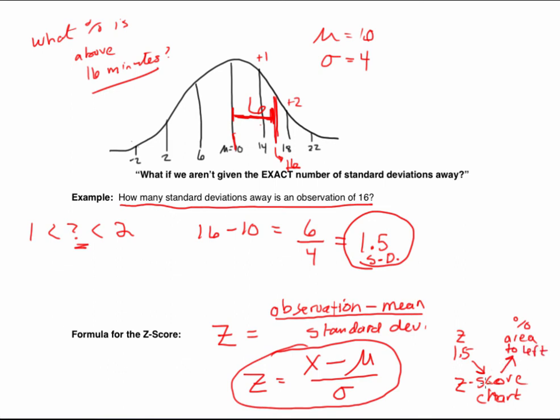So the z-score chart allows us to convert between how far we are from the mean and what percent lies below that observation.